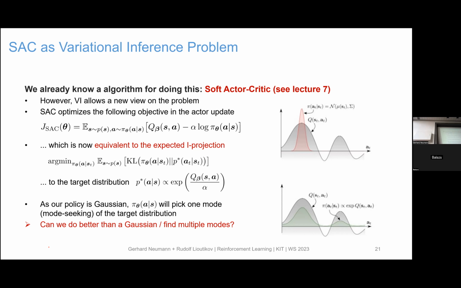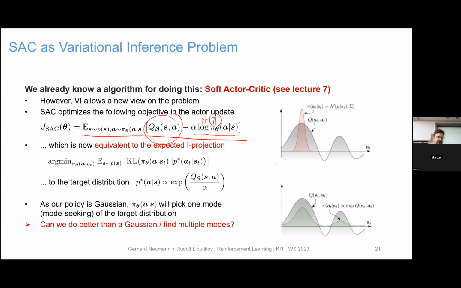That was the story why we need the entropy. If you look at the objective of SAC, we want to optimize for a policy that has a high expected Q value, minus log of the density of the policy. We know this is the entropy of the policy.